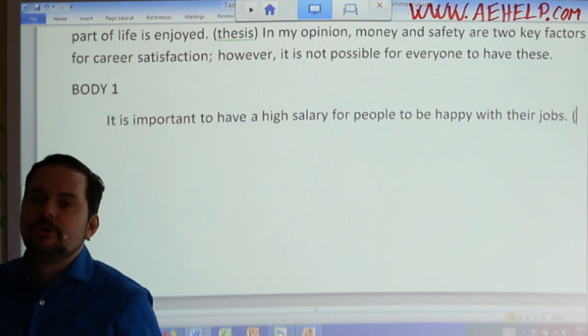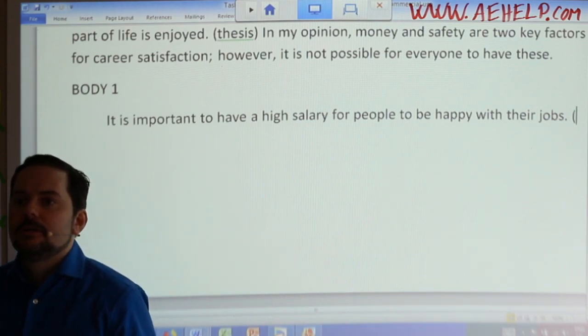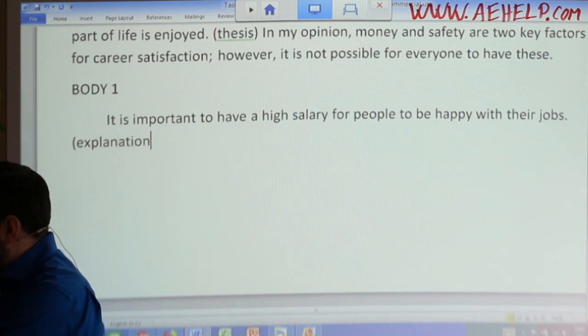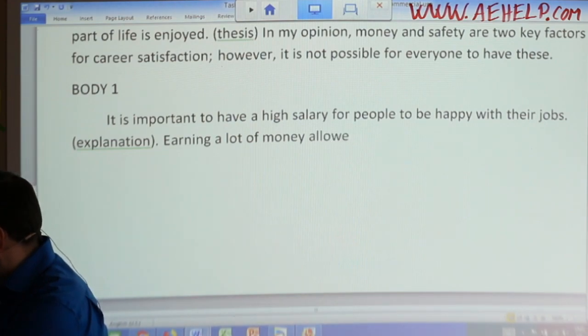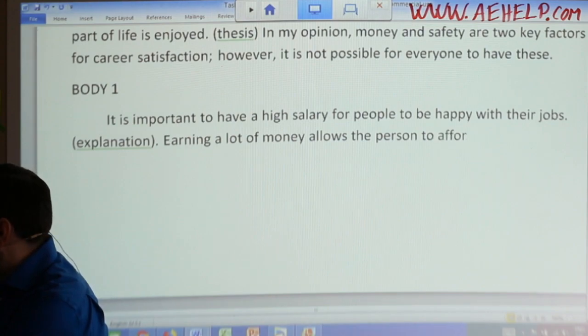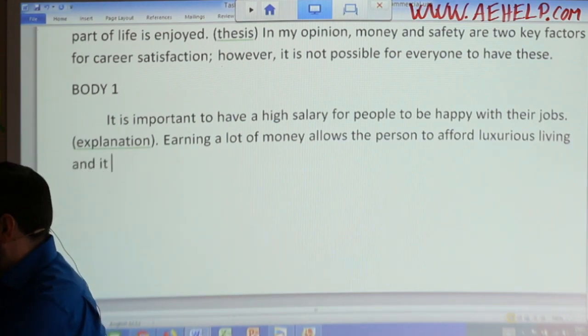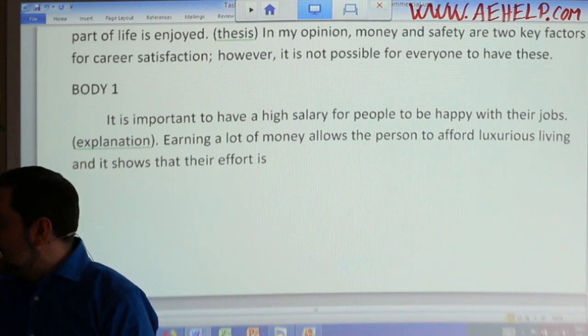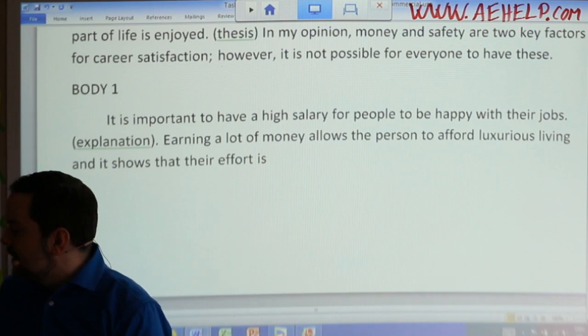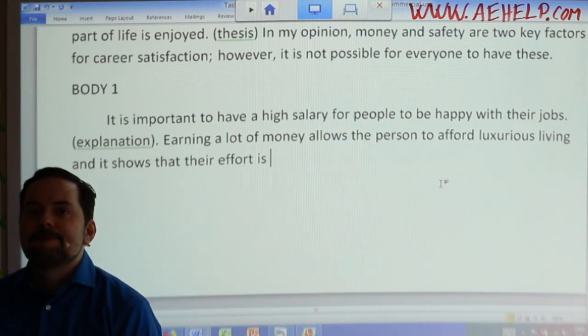When I get a lot of money for what I'm doing, what does that also show? So earning a lot of money allows the person to afford luxurious living, and it shows that their effort is appreciated.